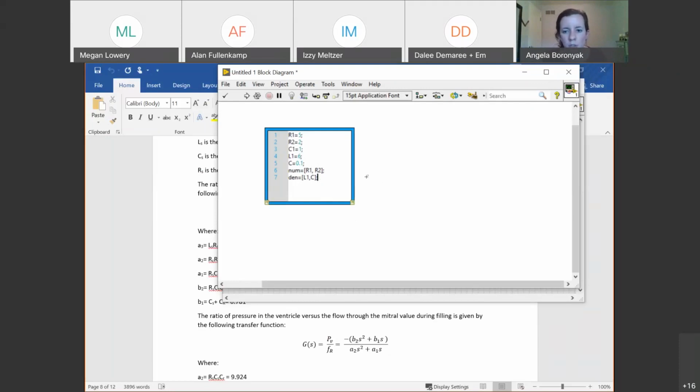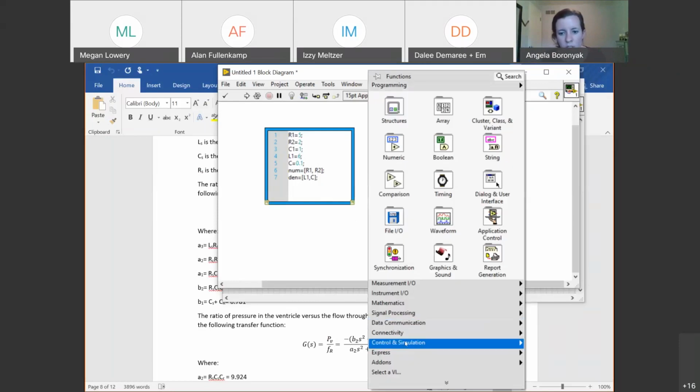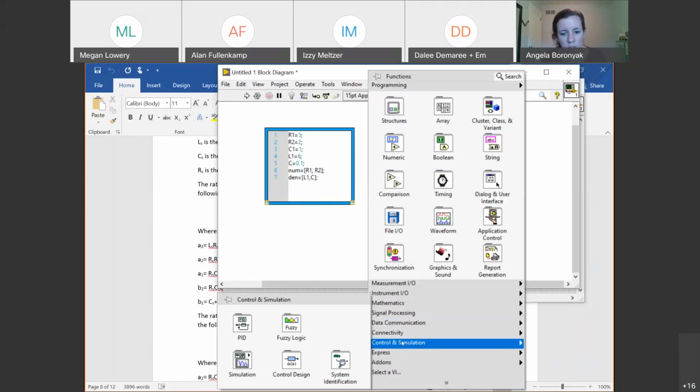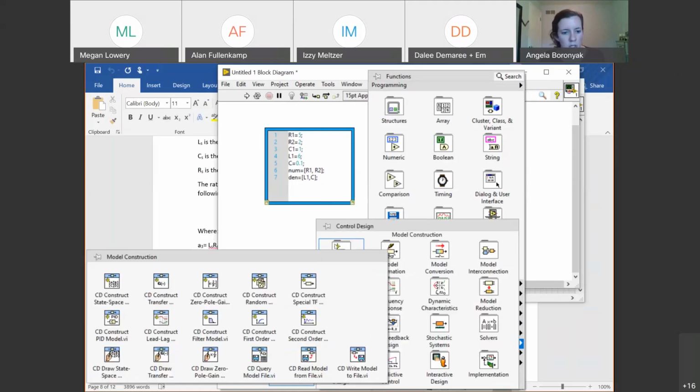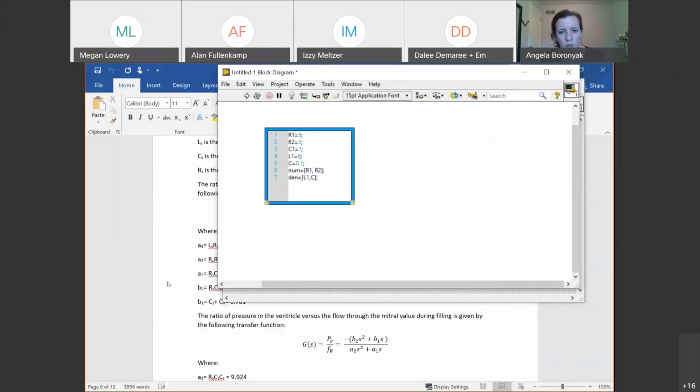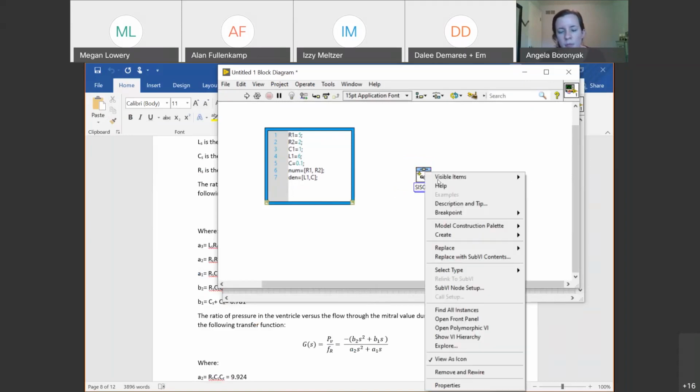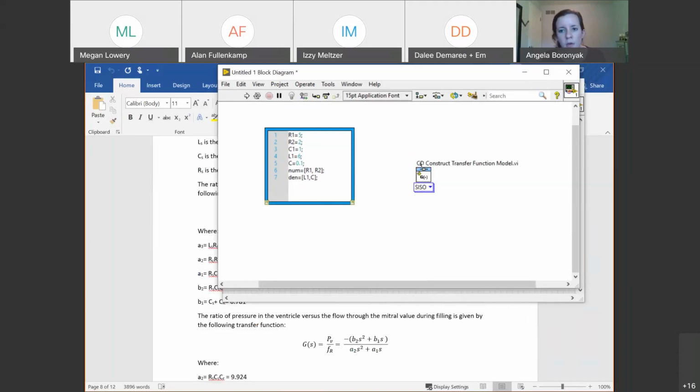So if you want to use LabVIEW to make your transfer function, you can go to Control and Simulation, Control Design, Model Construction, and say CD construct transfer function. And I get inputs for the numerator and the denominator. I'm going to leave this with a label. So I want to be able to wire in a numerator and a denominator.